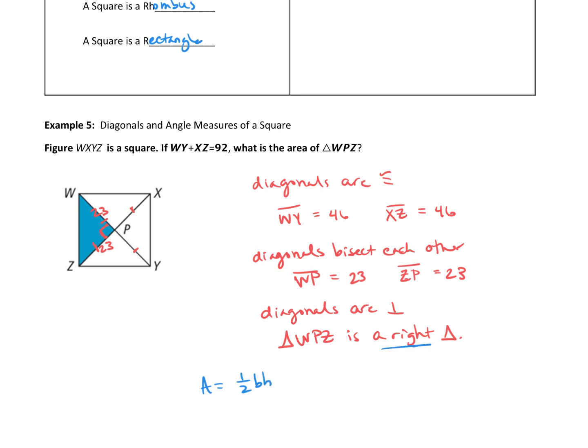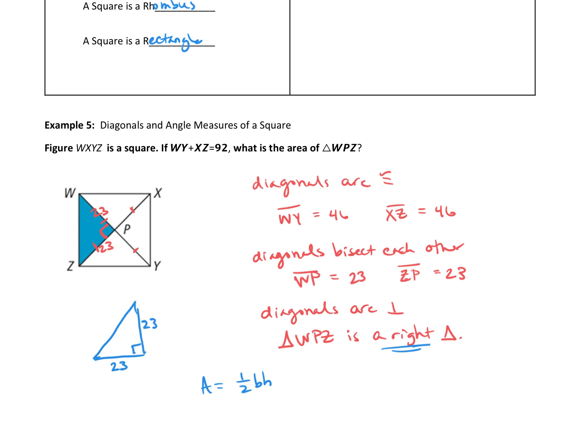And when you have a right triangle, I'm going to go ahead and redraw the triangle off to the side over here. Here's that right angle. We know each side is 23. When you're finding area, the base and the height of a right triangle are these two legs that form the right angle. This is the base of 23. This is the height of 23.